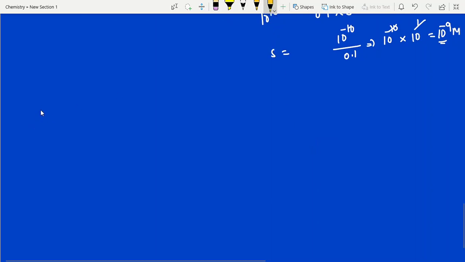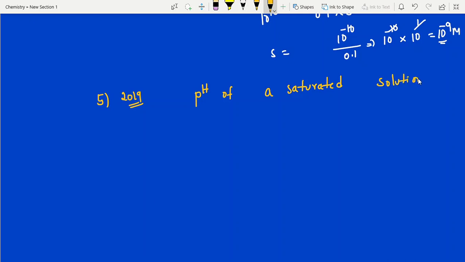I have explained the pOH calculation. This is pH. Directly they have taken pH. So what is the question? Fifth question, 2019 question. Write down: the pH of a saturated solution of calcium hydroxide is 9.